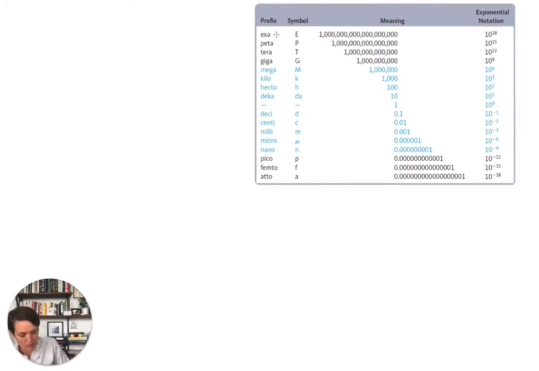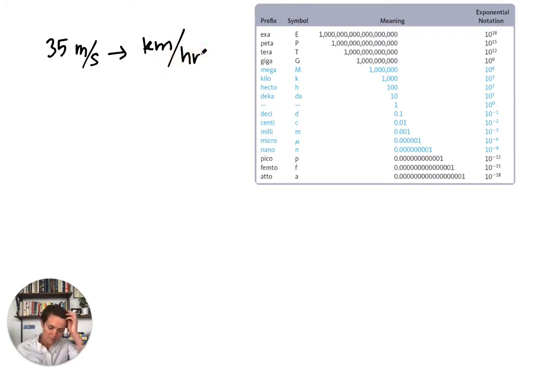So let's look at a situation where we say we have 35 meters per second. And we're going to go to kilometers per hour.